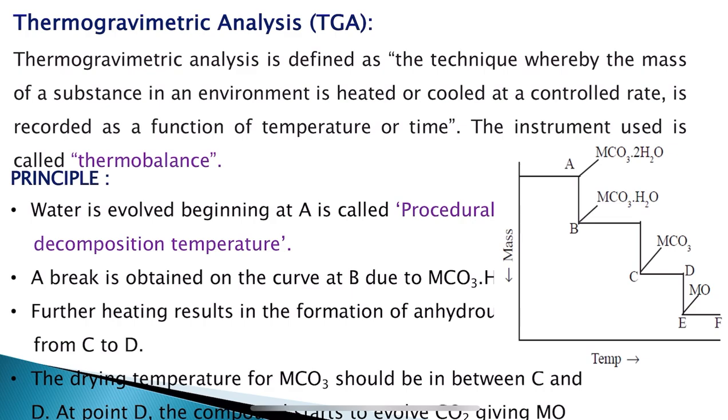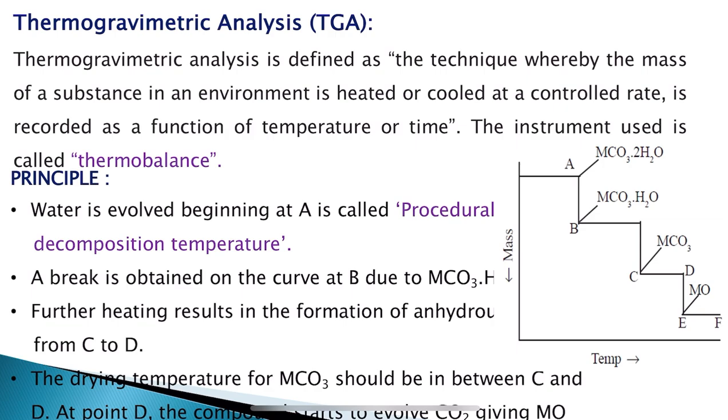M can be any metal. It is evident from the figure that water is evolved beginning at A. Here the water molecule is evolved. This is called the procedural decomposition temperature.